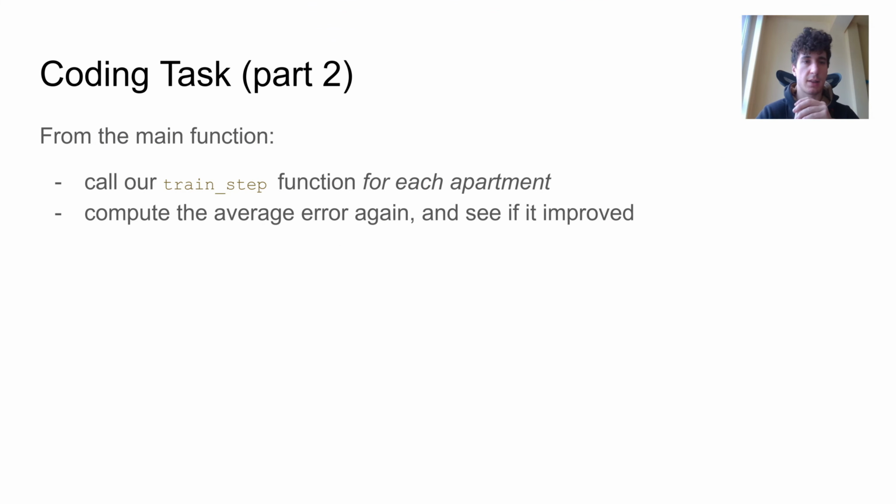The next task is to use this train step function. So we take each apartment and give it to this train step, which will improve the parameters. After we take each apartment and improve it, compute the average error again and see if it improved.